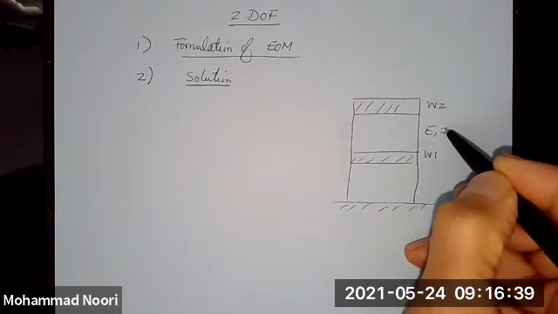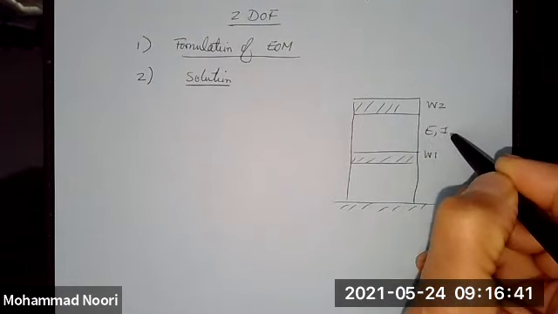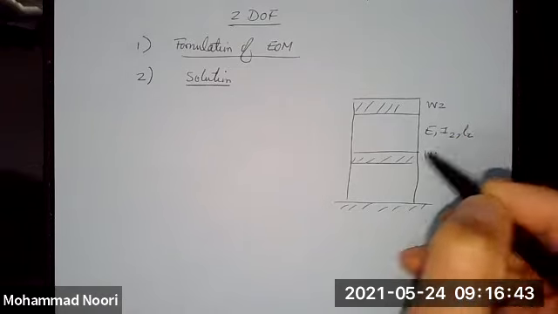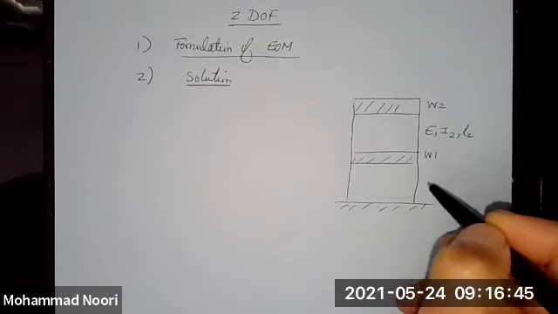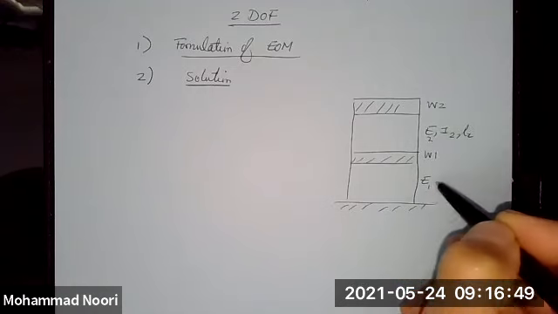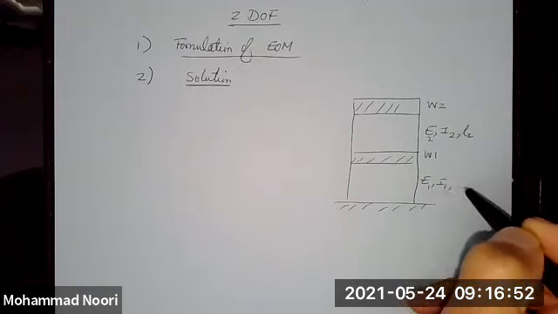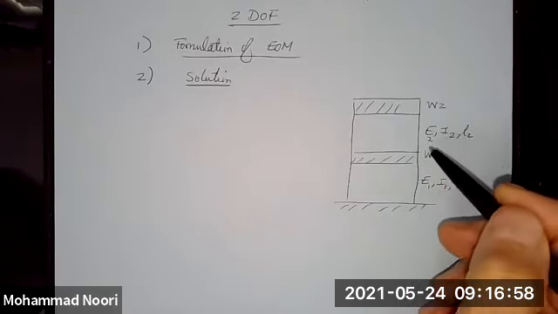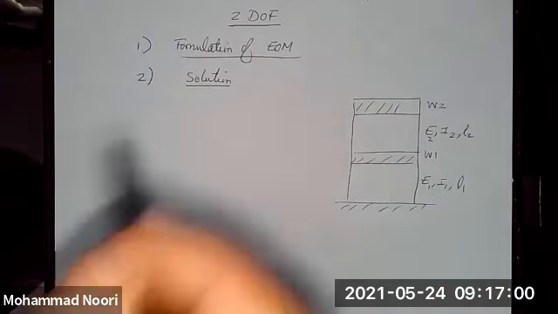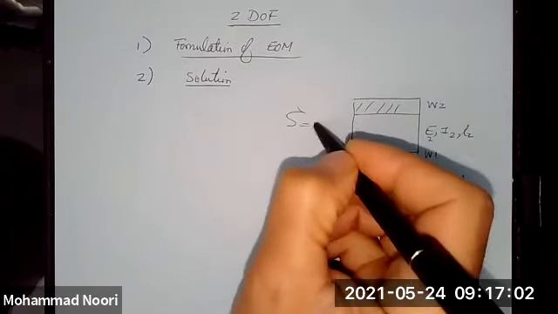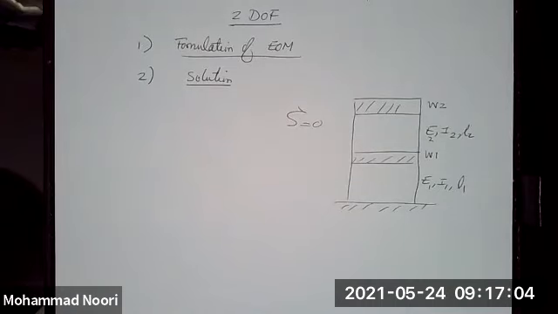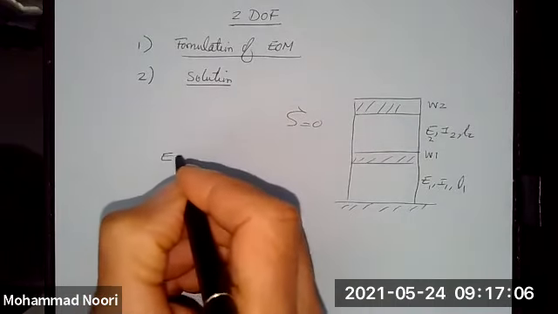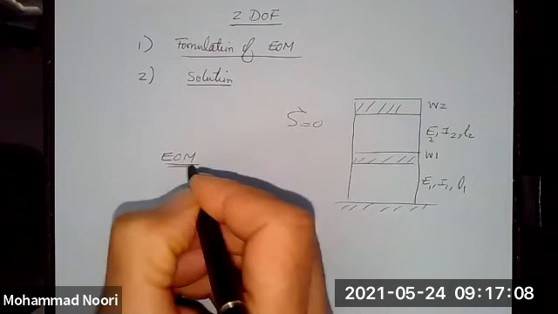The material and geometric properties of the columns are given. So let's say this is E1, I1, L1, the length. This has a different length and different modulus of elasticity and so on. And there is no damping. So we want to set up the equation of motion.